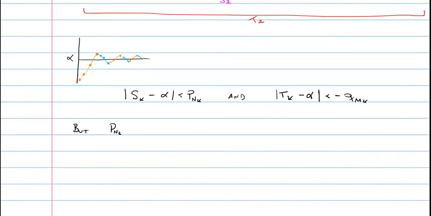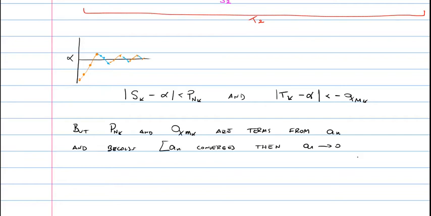But both p_nk and q_mk are terms from a sub n, and because the series of a sub n converges, then a sub n goes towards 0. So then p sub nk goes to 0 and q sub mk goes to 0.